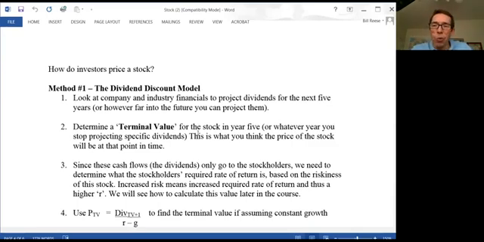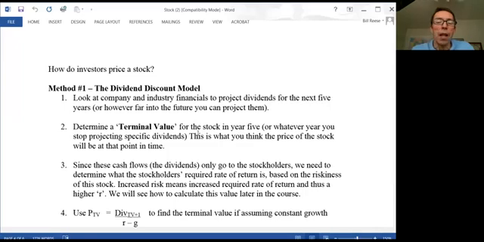You're going to project what you think the dividends are going to be for the foreseeable future, which is probably not going to be any more than 5 years, but however far into the future you can project these. As I said, I'll just tell you what we expect the dividends to be. But that's really the hardest part, because a projection is really an educated guess.